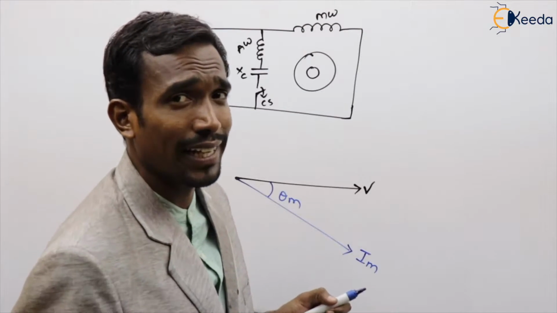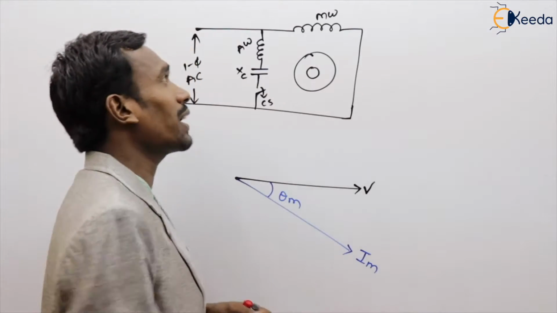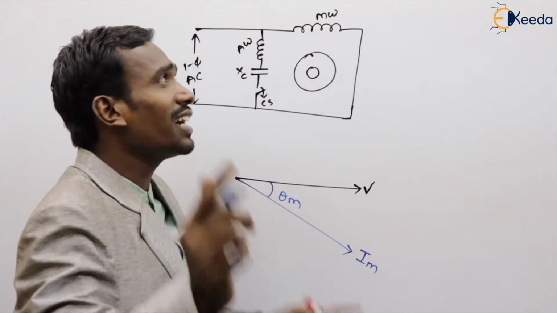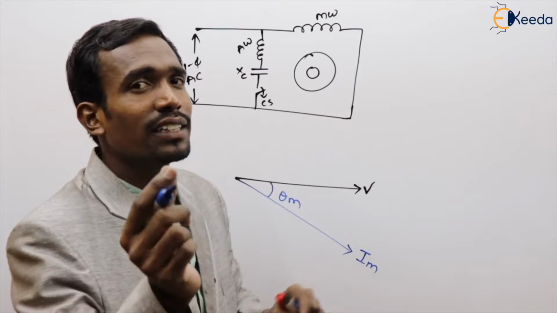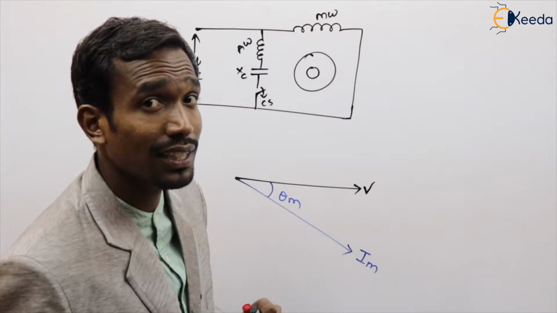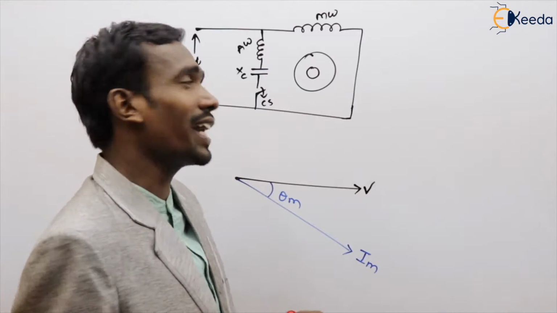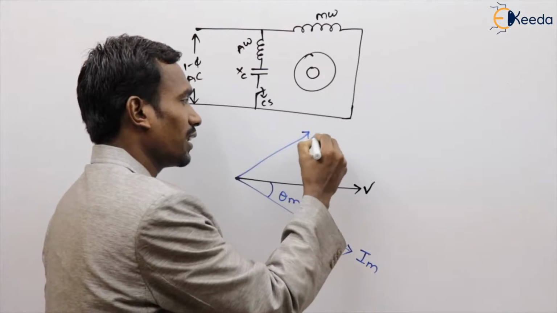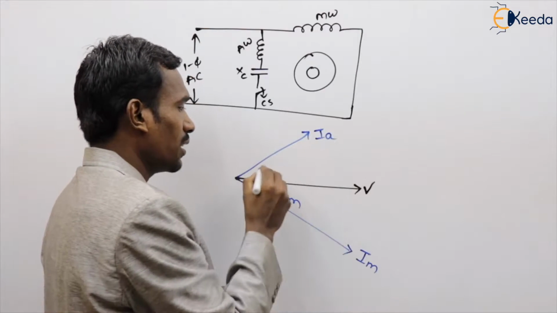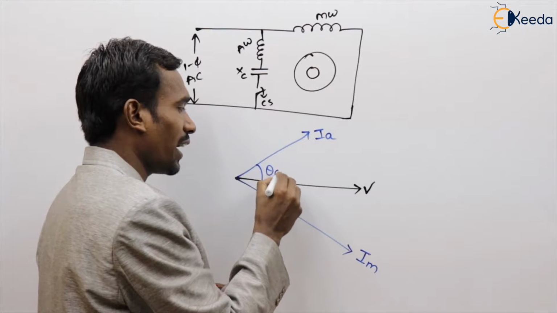Exactly, leading, because XC is greater than XA. That's why it is leading. Now this angle is theta A.